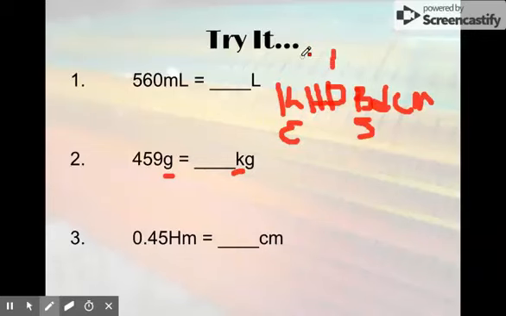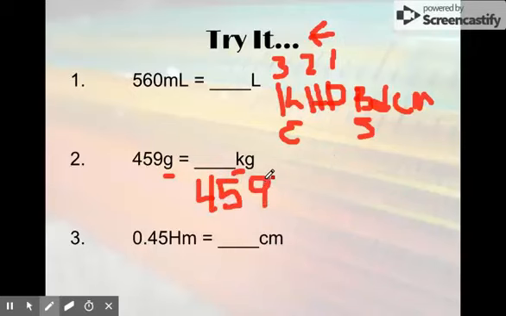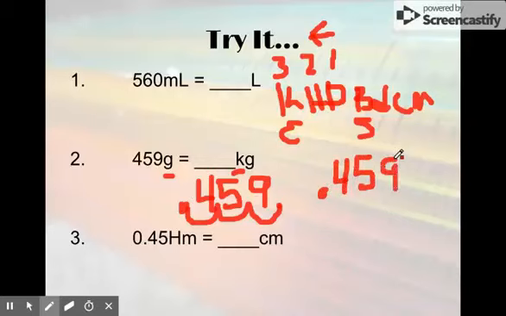It's 1, 2, 3 to the left. So our number, 459. Our decimal point is not shown, but we know it's at the end. Moving it 3 to the left, 1, 2, 3. So now our answer should be 0.459.